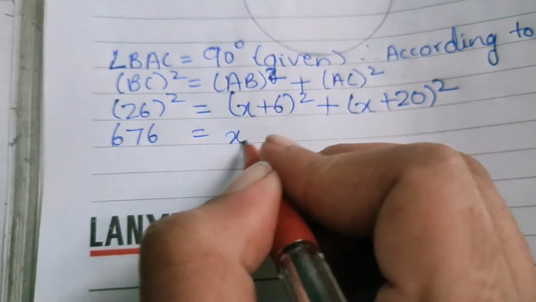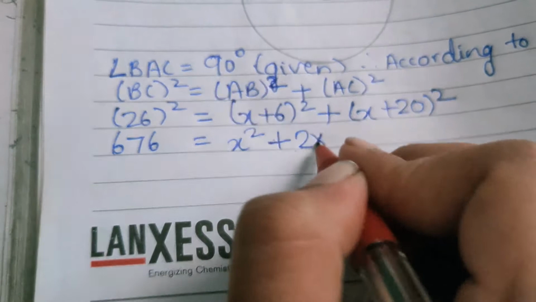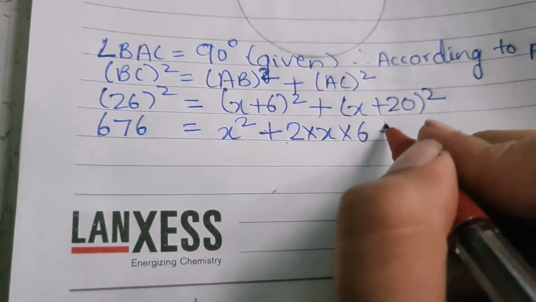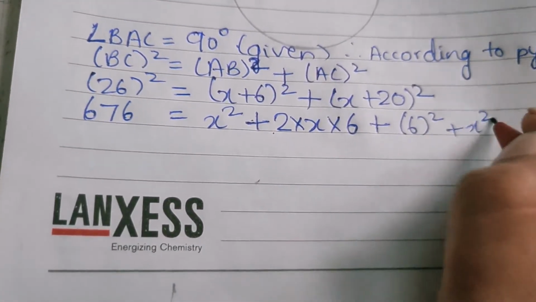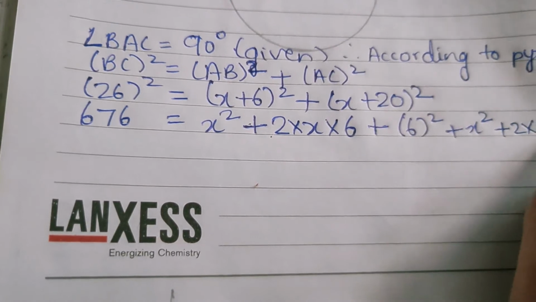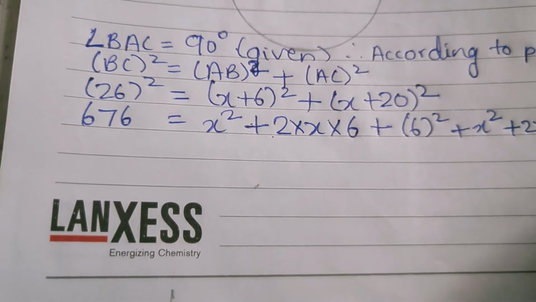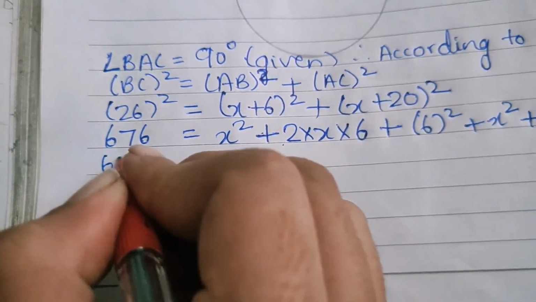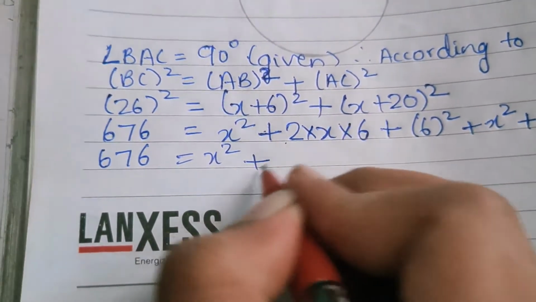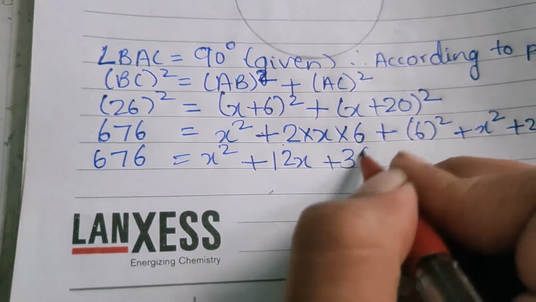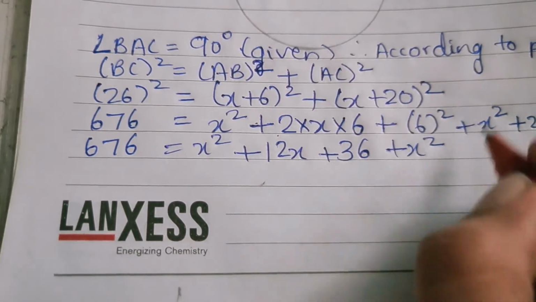This becomes a square plus b square plus 2ab, so 2 into a into b plus b square, plus again a square plus 2 into a into b plus b square, that is 400. 20 square is 400. 6 twos are 12x plus 36. 20 twos are 40x.